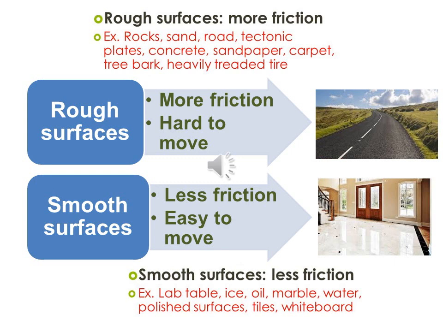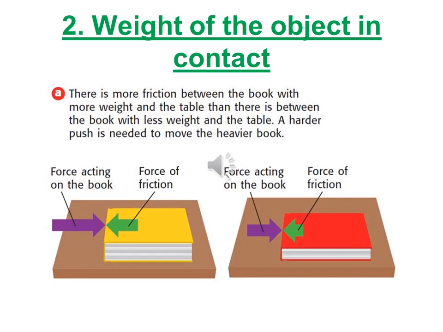Whereas if you consider a smooth surface, it offers less resistance due to fewer irregularities, and because of that, the interlocking will be less and it will be easy for us to move. So look at the examples of the rough surface and the smooth surface that offer more friction and less friction. The second factor that decides the friction is the weight of the object.